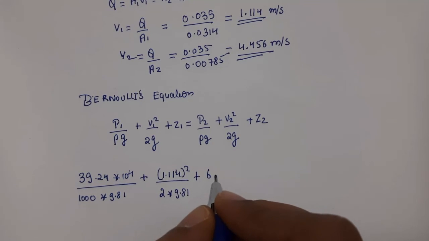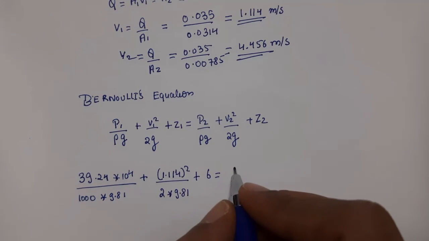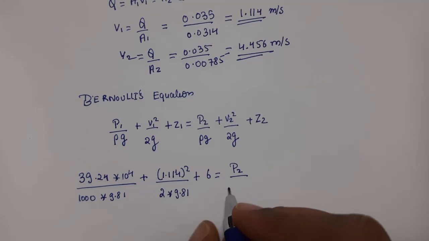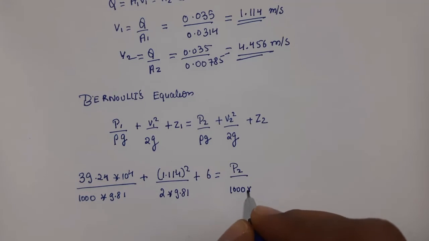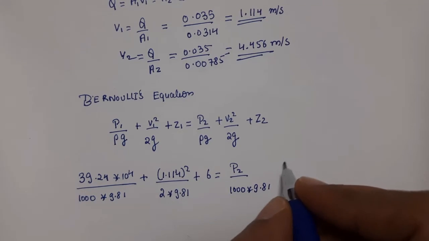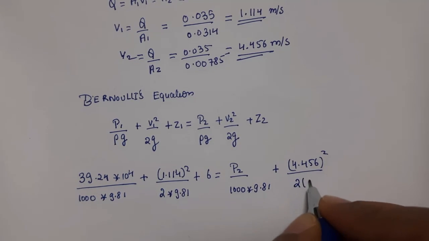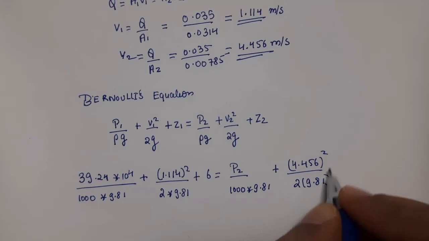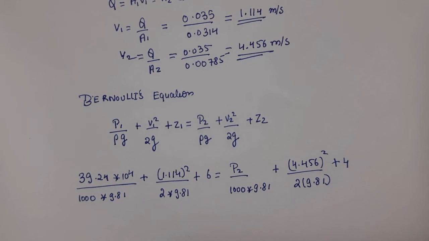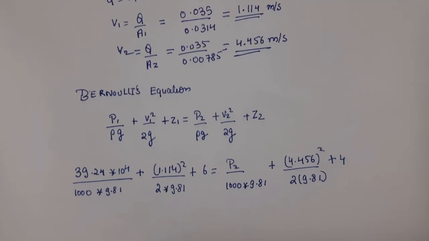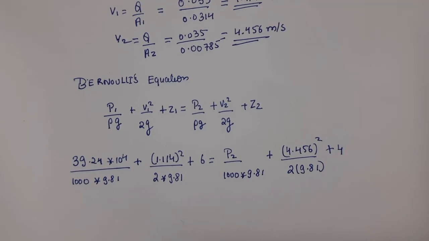Z is 6, that is equal to P2 by again 1000 into 9.81 plus 4.456 the whole square by 2 into 9.81 plus 4. So calculate this thing. Once you calculate this, you'll get the value of P2.